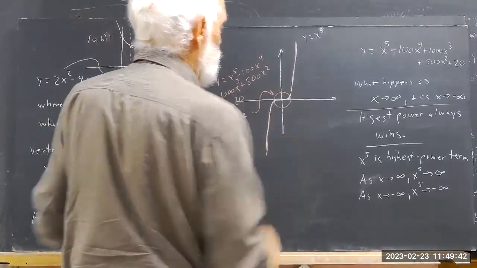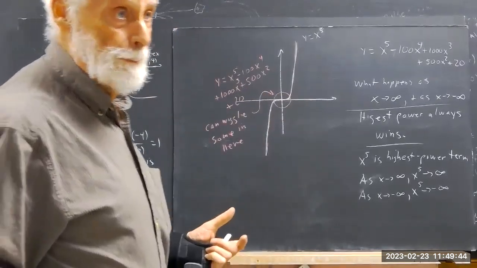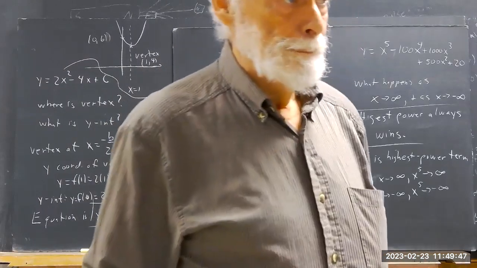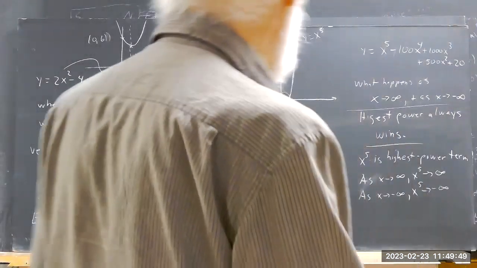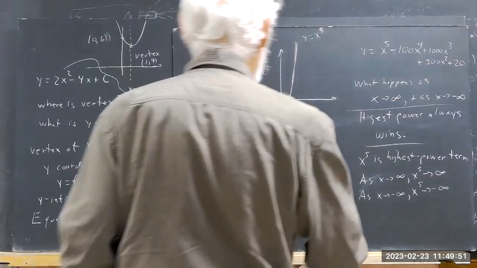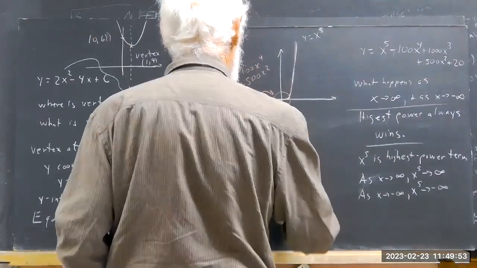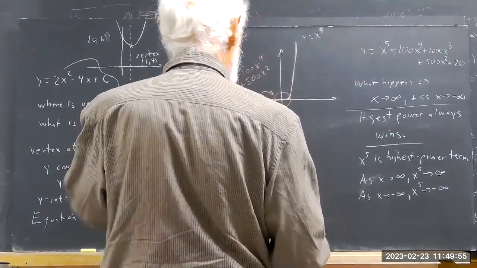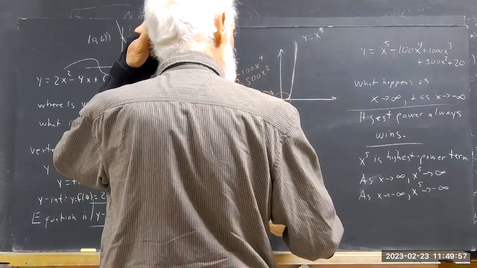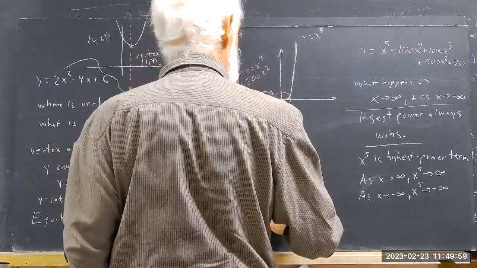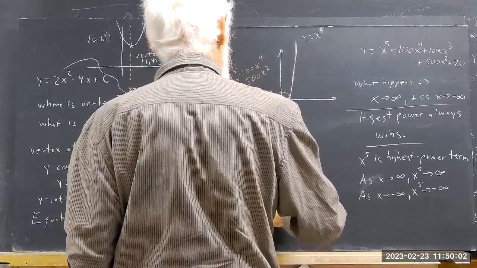It can wiggle some in here, close to 0. And the graph might then end up looking something like this.